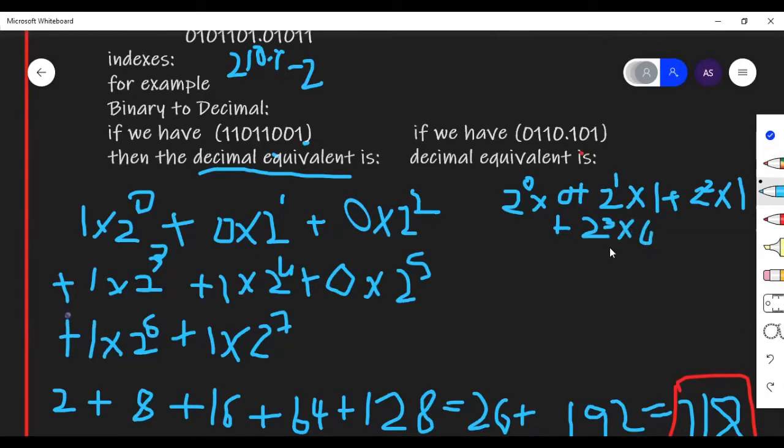Similarly, now if I add this, that will become 6. On the other hand, behind the decimal, we say 2 to the power minus 1 into 1, plus 2 to the power minus 2 into 0, plus 2 to the power minus 3 into 1.